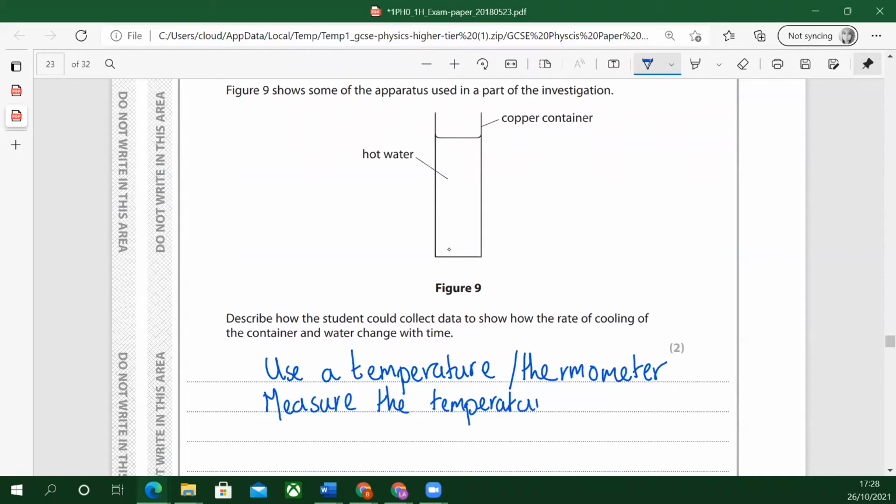That means the same time intervals. So I would say at least 10 times.